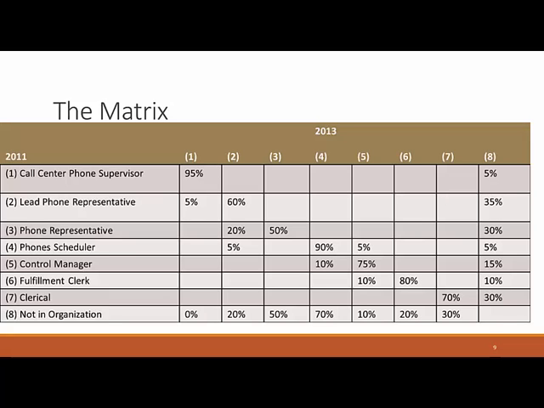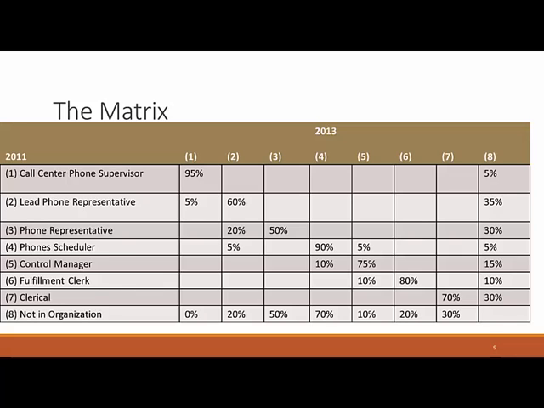The phone representative. If we get number 3, the phone representative, and we see that in 2011, they were the ones that were there in 2011, 20% moved to the lead phone representative, see the 2 there at the top, and then 50% are still in place, and 30% left the organization.